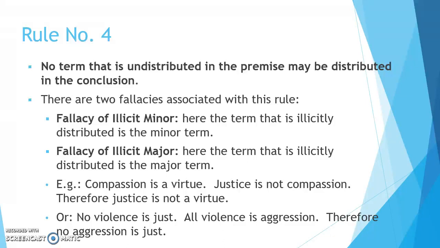For example, compassion is a virtue, justice is not compassion, therefore justice is not a virtue. Or, no violence is just, all violence is aggression, therefore no aggression is just. These are fallacious arguments in which either the minor or the major term is illicitly distributed.